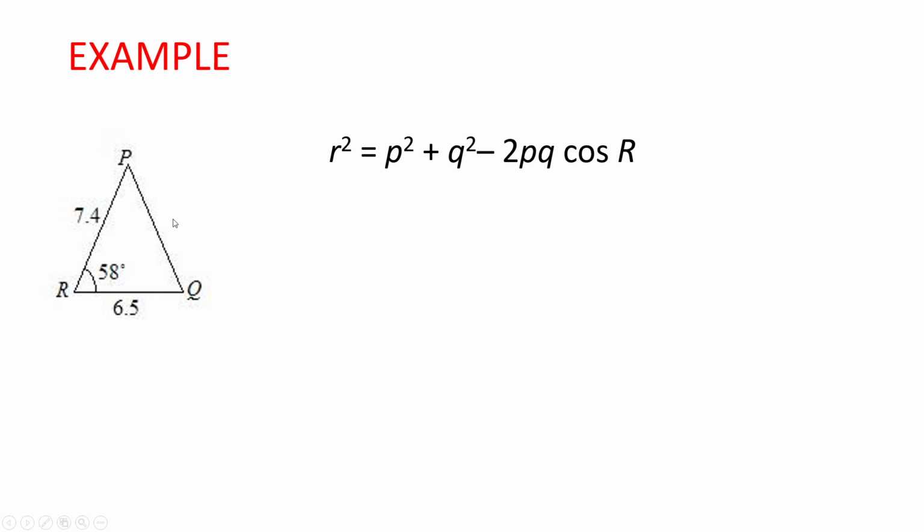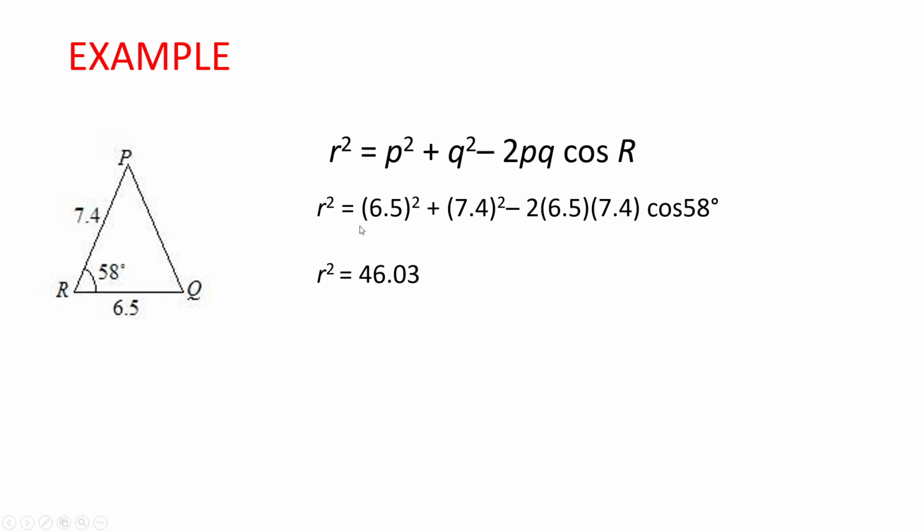If you're finding this one over here, you say this is r squared, which equals this one squared, which is p, plus this one squared, which is q, minus 2 times the multiplication of p and q, cosine this angle. Now let's substitute: 6.5 squared plus 7.4 squared minus 2 multiplied by 6.5 multiplied by 7.4 cosine 58.